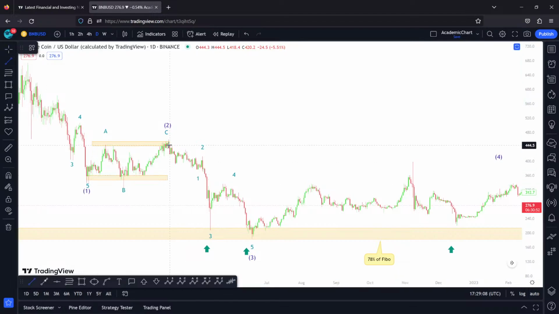Sometimes when I'm counting waves, I usually just try to recognize when something seems to be a little weird, like this one. Why is it not an ABC, or why is it not a 1, 2 or 3, 4, 5 or something like that? The reason that I'm counting it as such is that, looking at the behavior of each of these impulsive waves, this is one characteristic. I can draw a line.